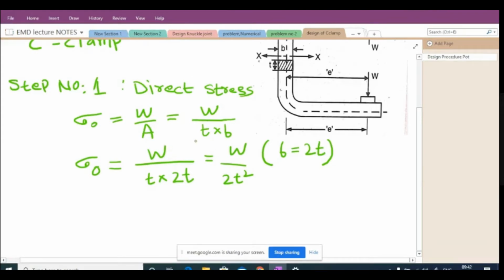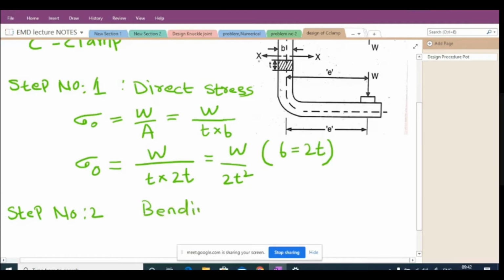From here we will calculate sigma 0, or we can create one relation. Then step number 2. Step number 2 is we have to calculate the bending stress.